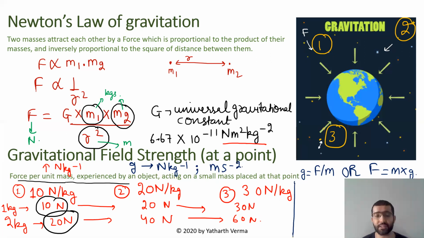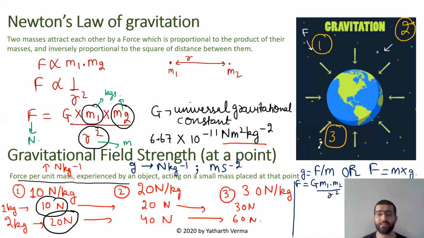Now think about this. What is the value of this force? If I had placed this object over here, the value of force as found in the previous one was G m1 m2 upon r square. Suppose m1 is the larger object, say the earth.